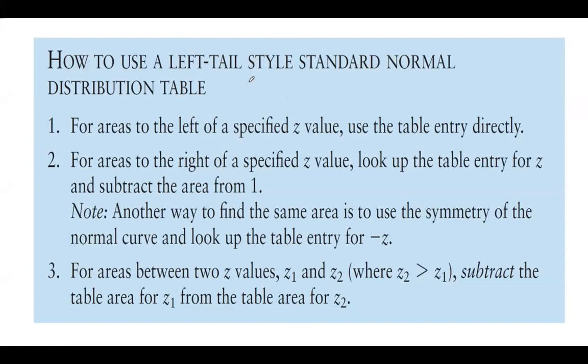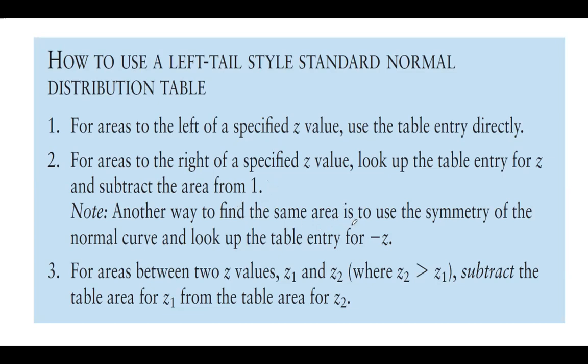So how to use this left tail style normal distribution. Again, this is a bit of a summary. For areas to the left of the specified Z value, we use the table entry directly. For areas to the right of Z, look up the table entry for Z and subtract the area from 1.